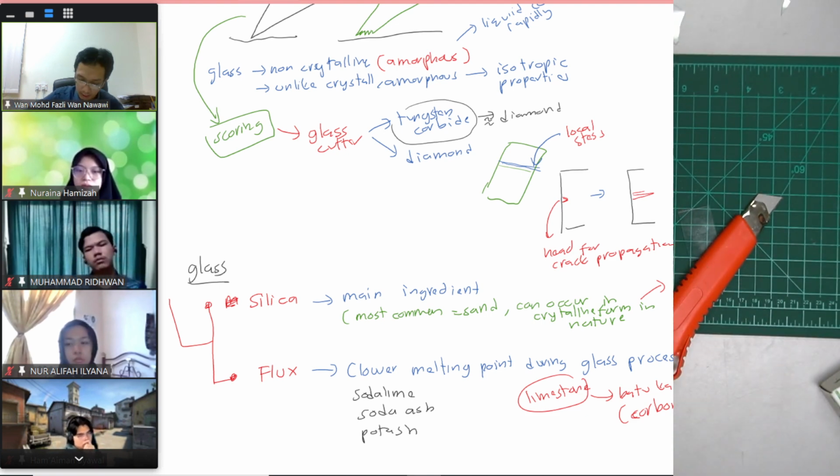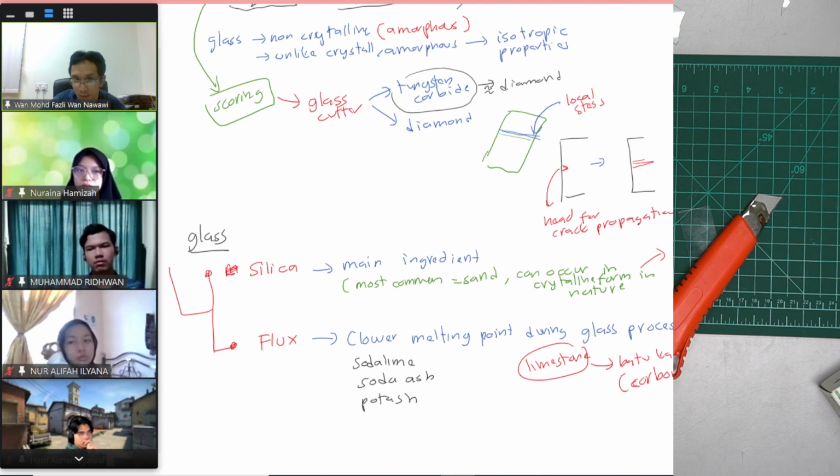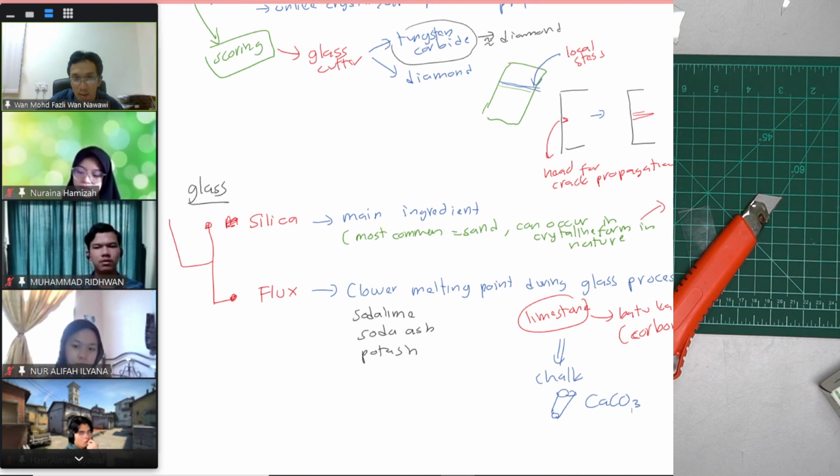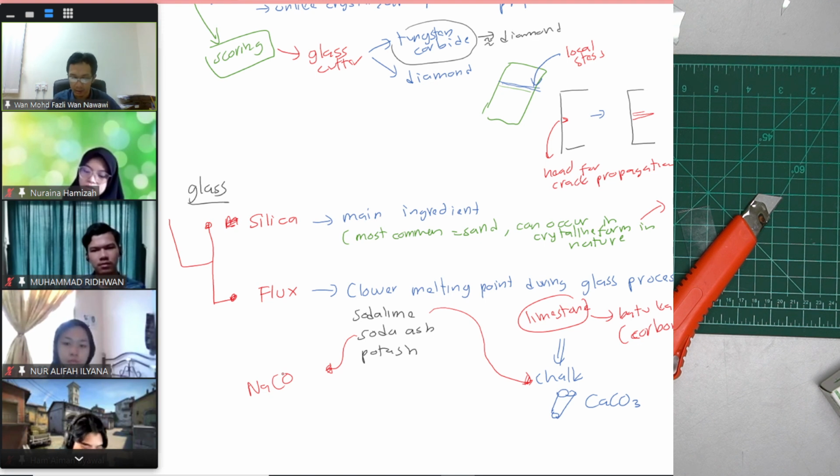So the chalk is basically made from calcium carbonate. Soda lime is basically calcium carbonate normally. When you talk about soda ash, it's basically sodium carbonate.